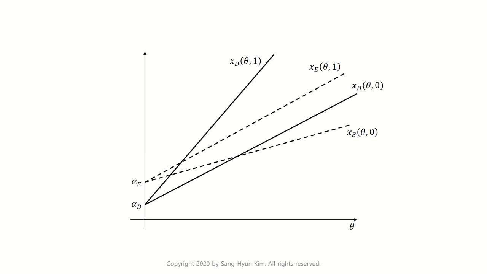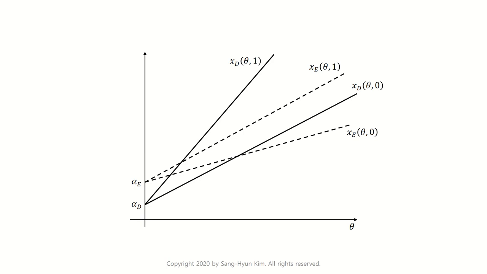Okay, so xD(theta, 1) increases at the highest slope, and xD(theta, 0) is a little bit flatter, and xE is overall flatter than xD, right?